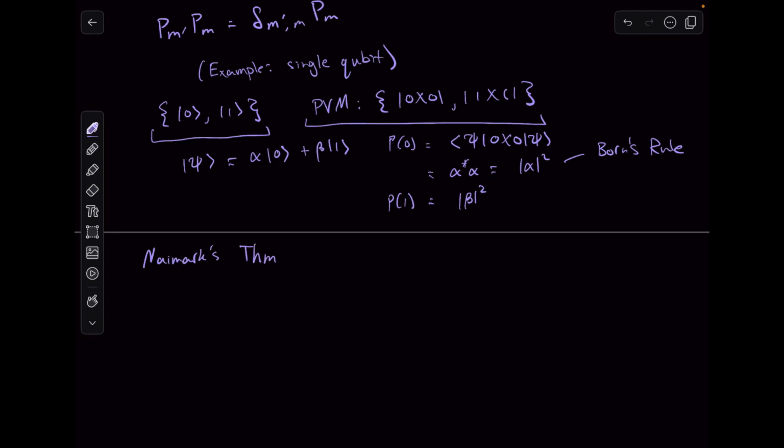What this theorem says essentially is that any POVM can be realized as a PVM simply by extending our Hilbert space.